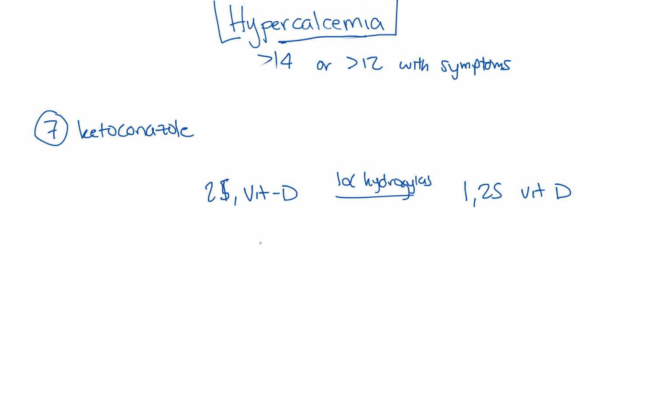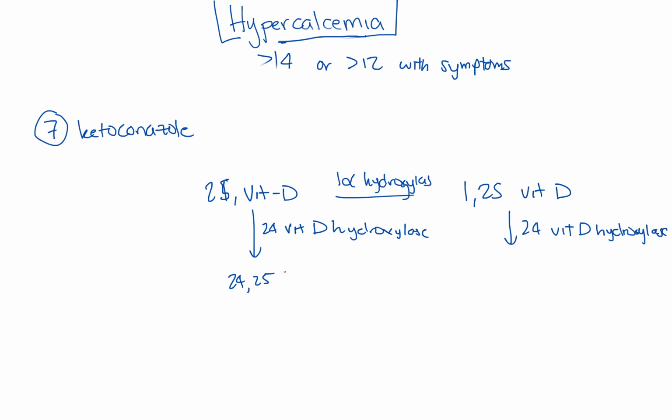But one of our mechanisms of inhibiting this is 24 vitamin D, and I'm going to come back to this. Sorry, 24 vitamin D hydroxylase. And these mechanisms inhibit, by adding this hydroxyl group on the 24 spot, you inhibit the vitamin D activity, the calcitriol activity.